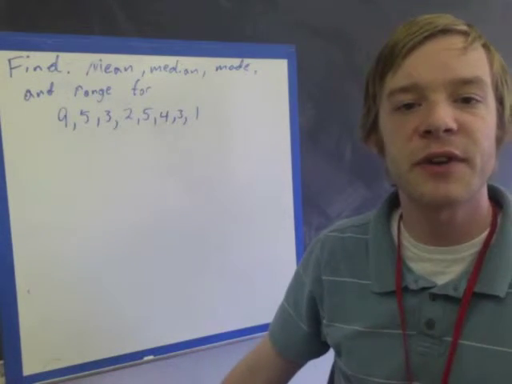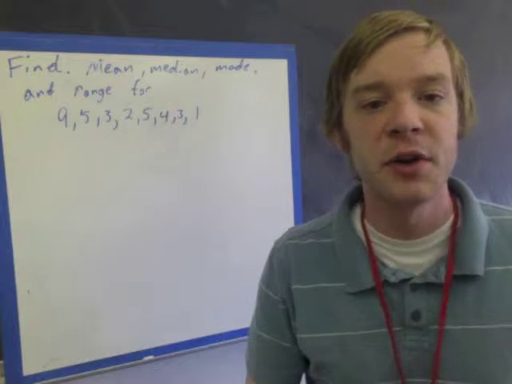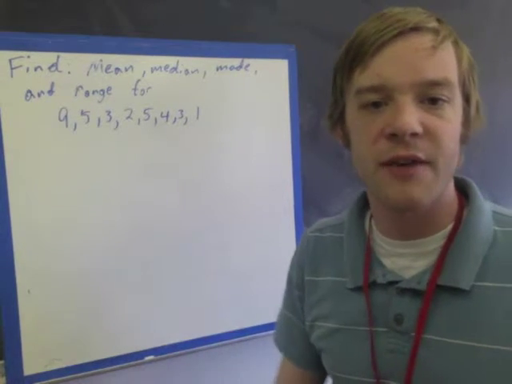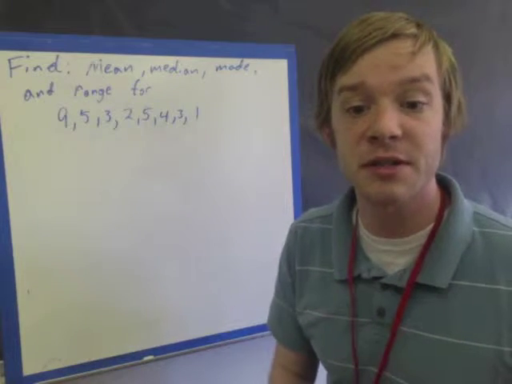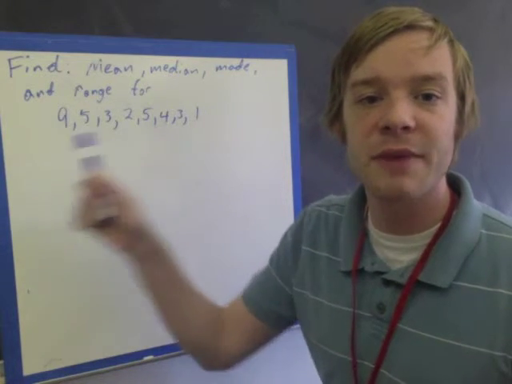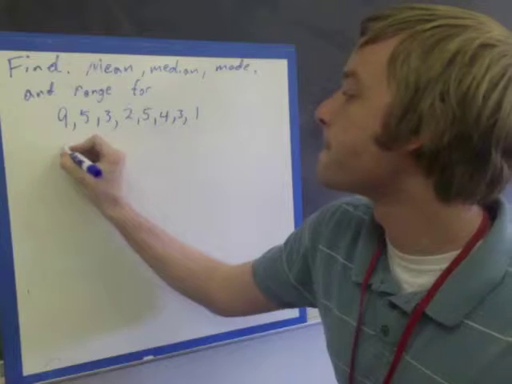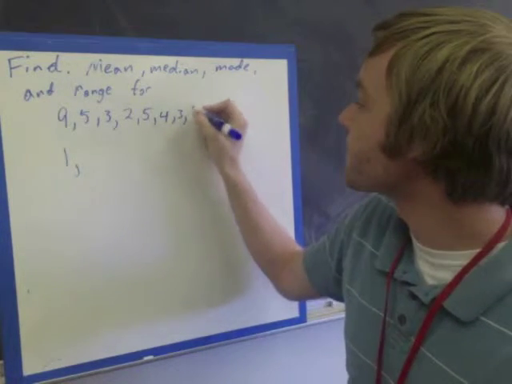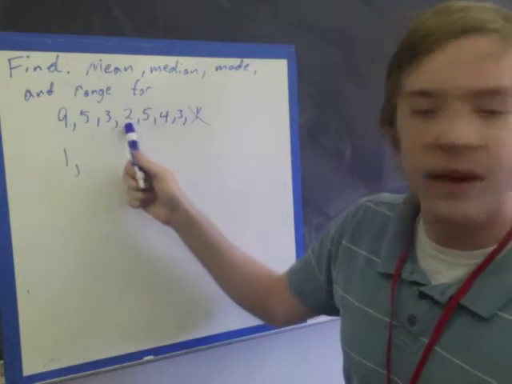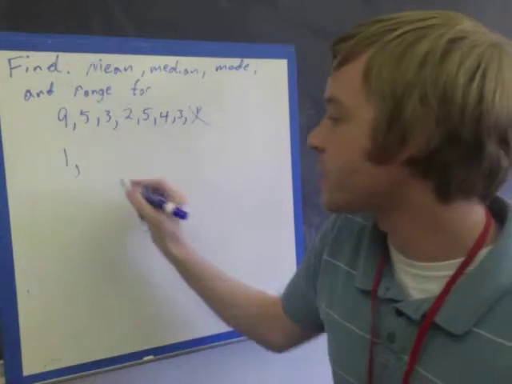Alright, so here we're asked to find the mean, median, mode, and range for these numbers that we have. Well, the first thing that I'm going to do is I'm going to put these numbers in order from smallest to biggest. And as I do this, I'm going to cross them out up here. So use up our 1, cross it out. We have 1, 2, so we're going to put that down here.